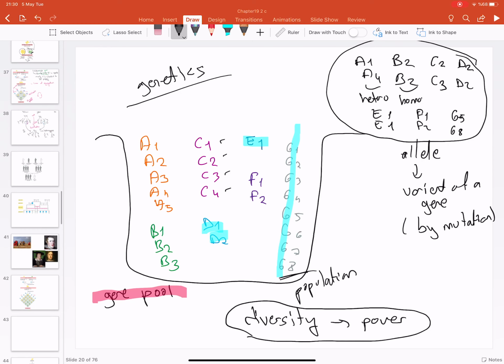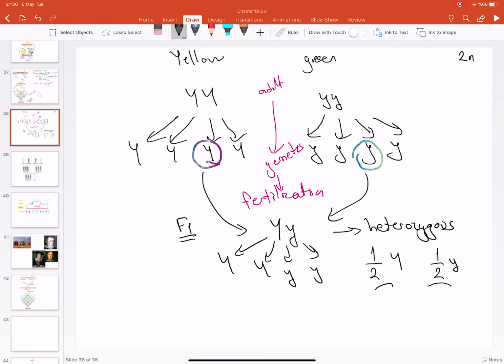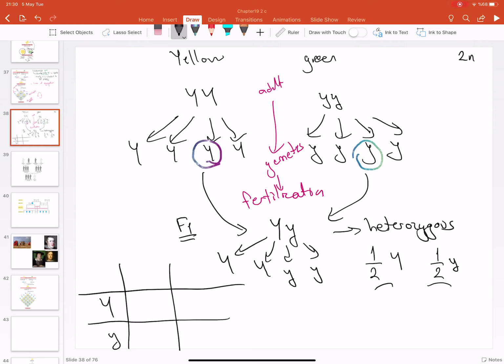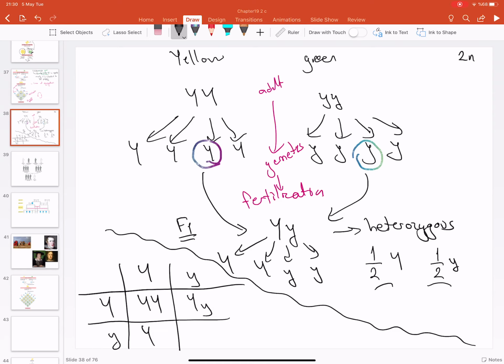Here there are only 2 alleles in the case of pea plants, so there are only 2 combinations. So let's make the Punnett square. Capital or small y from one parent and capital or small y from the other parent. Because this is a self-fertilization, the 2 parents are the same.